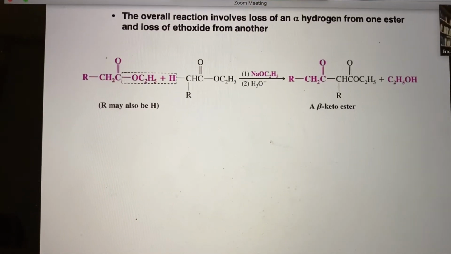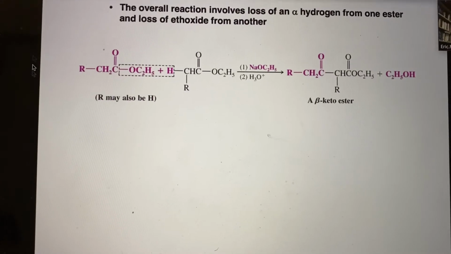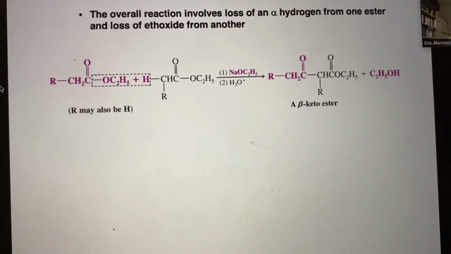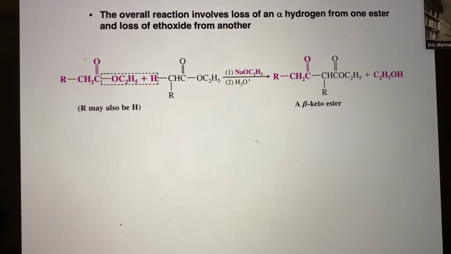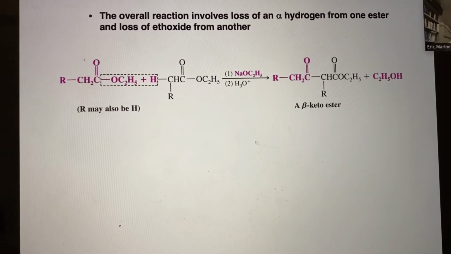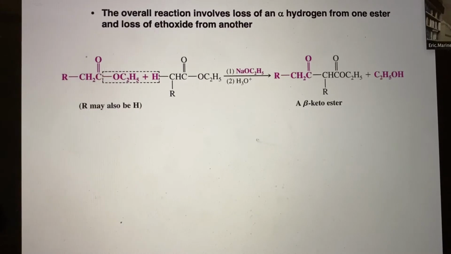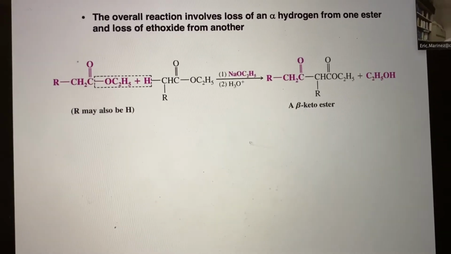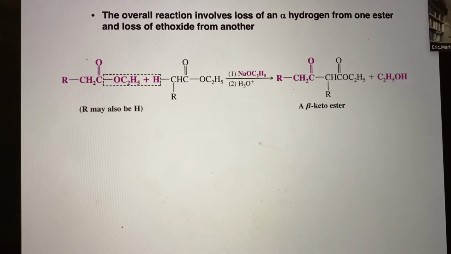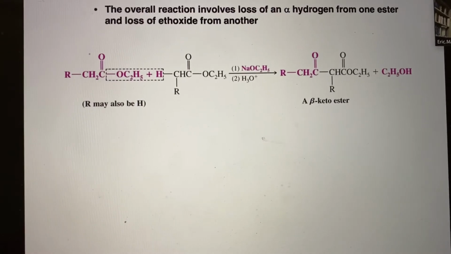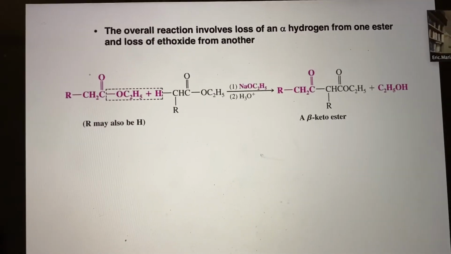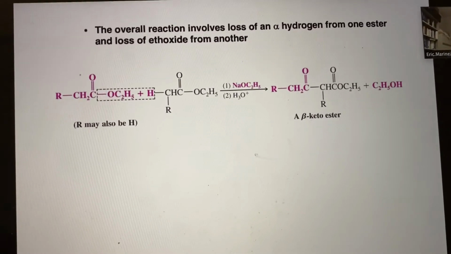So what is going on mechanistically? Well, the first step of the ester is deprotonation to make the enolate of the ester. So I'm going to take ethoxide, which is my base, abstract this proton and generate this enolate.